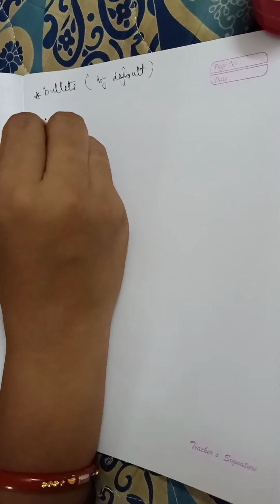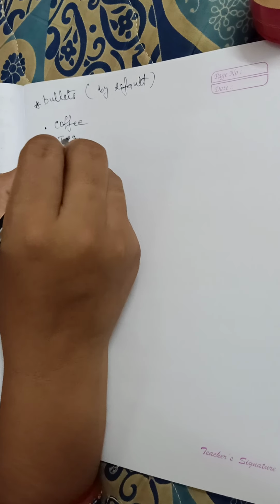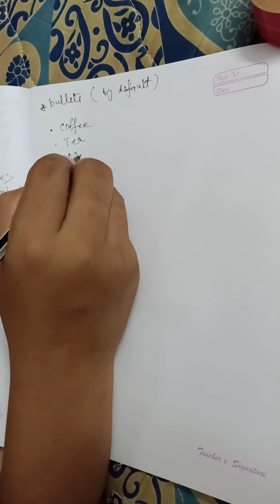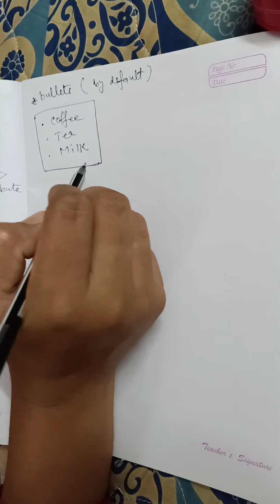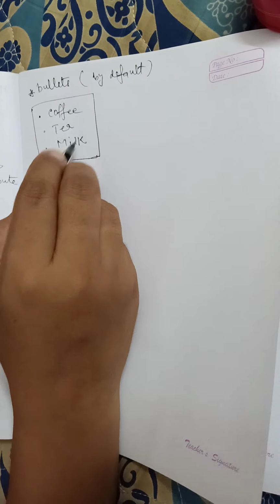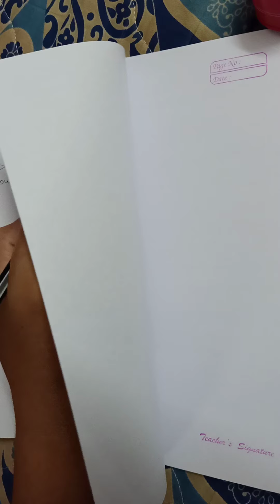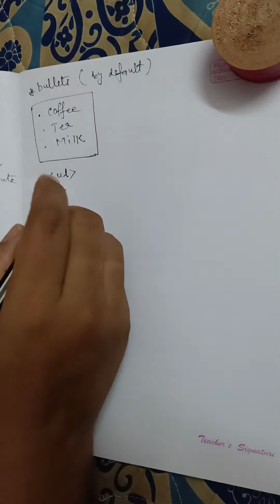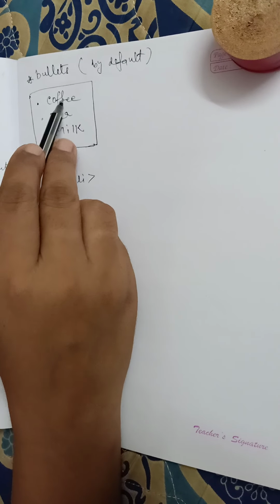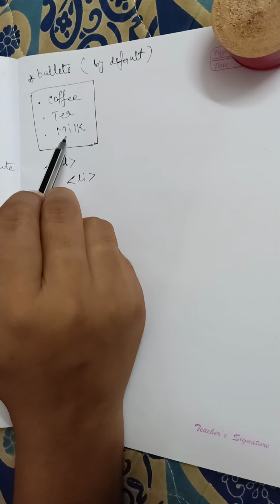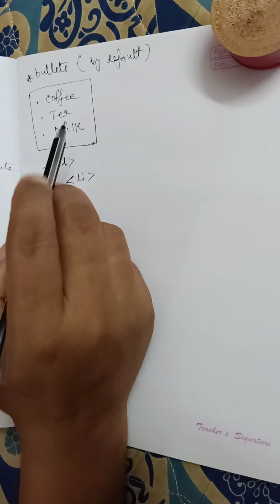Okay, now let me give you an example. Suppose I want to output like coffee, tea and milk. If this is what I want to design using HTML, so for this I'll be writing my HTML portion like this. This is my UL unordered list. I will start the unordered list. Then there are 3 items: item 1, item 2, item 3. This is one list item, this is one list item. Similarly, this is another list item.